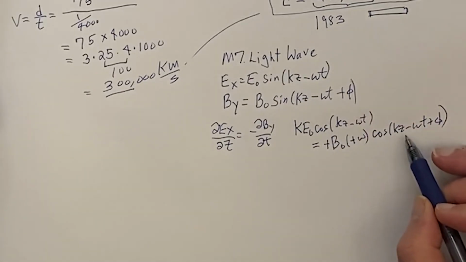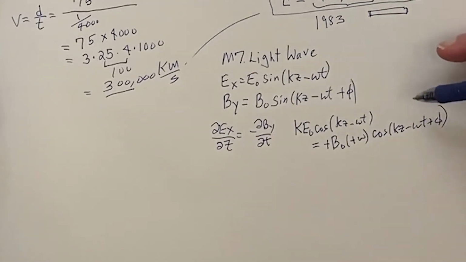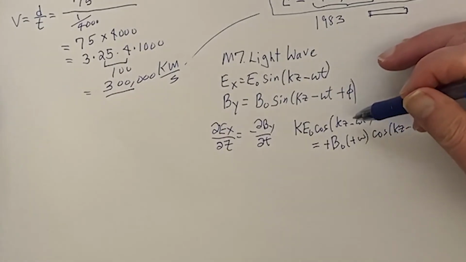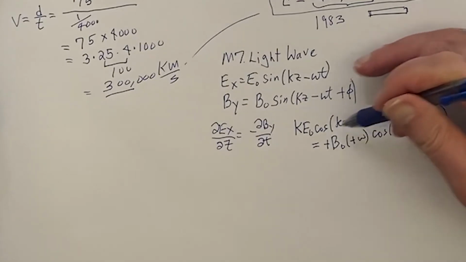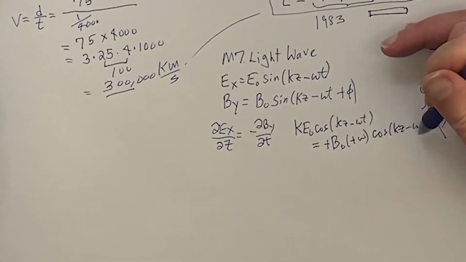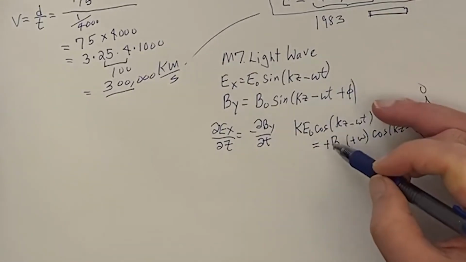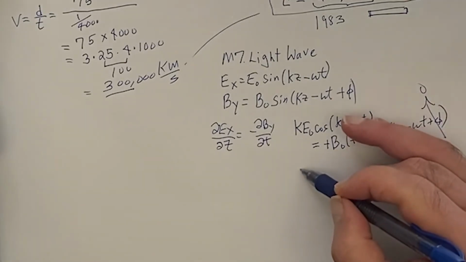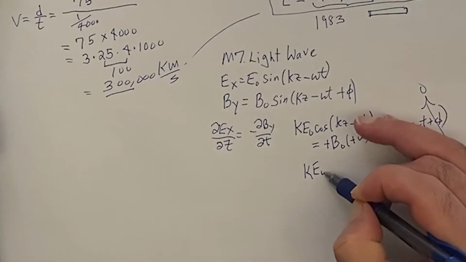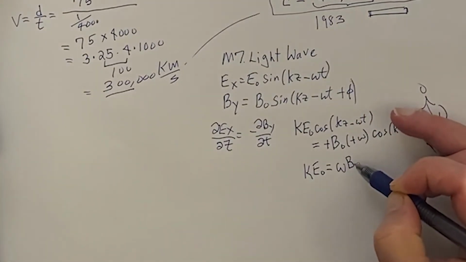Now, for this to be true all the time, we can't have the Z messing things up. So what happens here to make this happen all the time? If the phase is 0, then this looks exactly the same. It's going to balance, and then this needs to work here at the front. In other words, k E naught has to be omega B naught.